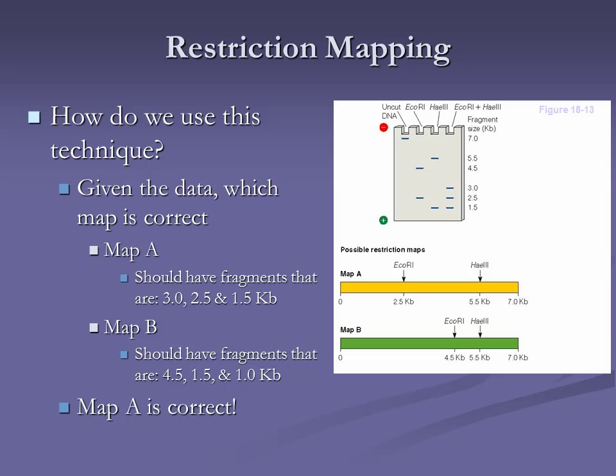With EcoRI, we had a 4.5 and a 2.5. So when you cut with both and you end up with 3 pieces, 3, 2.5, and 1.5, which map below would most represent where the restriction sites would be?